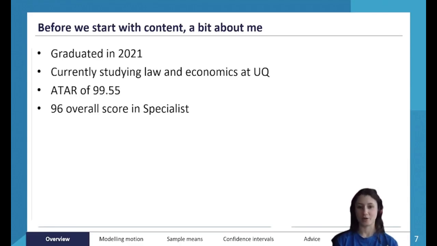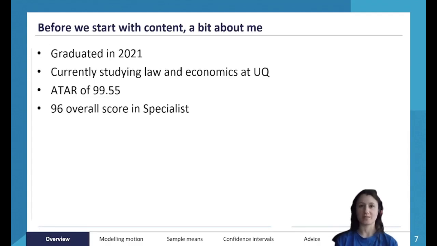Do not disregard any of the syllabus dot points. What you should be doing is going through the syllabus, making sure there isn't anything you've missed, and also don't necessarily take the questions that have been asked in previous externals as the law of the land. Go through each of the syllabus dot points and make sure you've practiced complex questions for each of those syllabus dot points.